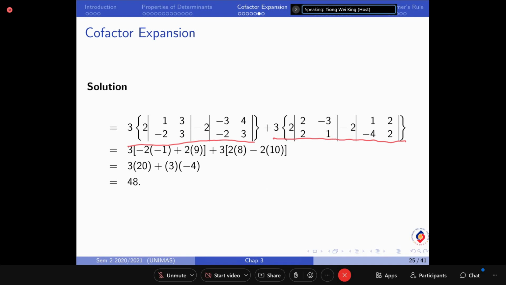Now after that, you just do the determinant. How to find the determinant for a 2 by 2 matrix is this minus this, this minus this.